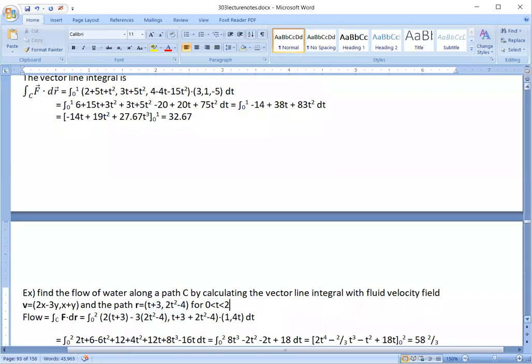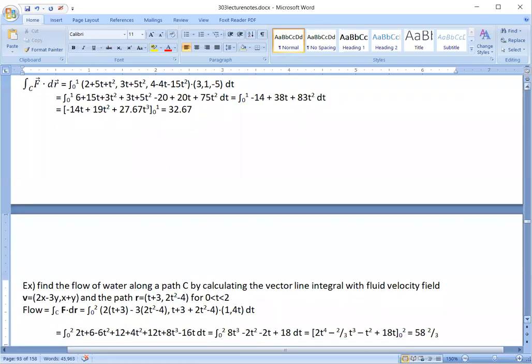First, take the dot product, which gives you a whole bunch of terms, which you then need to combine and simplify. So you get 8t cubed minus 2t squared minus 2t plus 18. Integrate that dt. And that just gives you 2t to the fourth minus 2/3 t cubed minus t squared plus 18t.